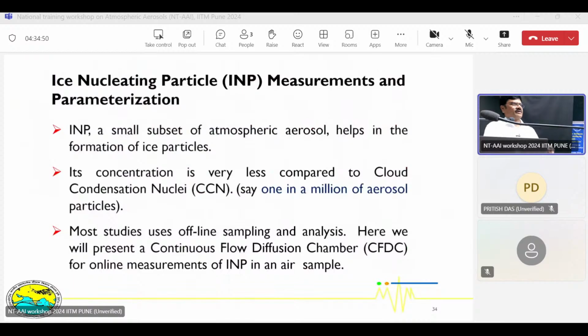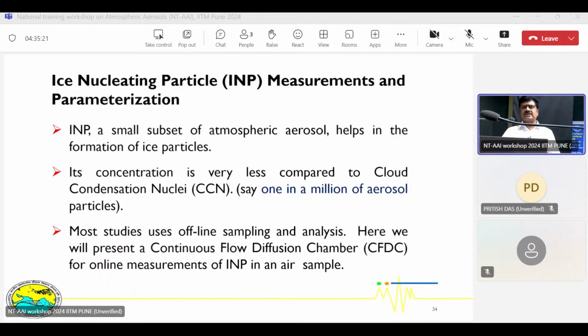Then briefly, I'll cover for another 5 minutes the ice nucleating particle measurements and their parameterization. INPs are a very small set of atmospheric aerosols, which help in the formation of ice particles. They are very, very few compared to cloud condensation nuclei. For example, 1 in a million aerosol particles can activate as an ice nucleus.